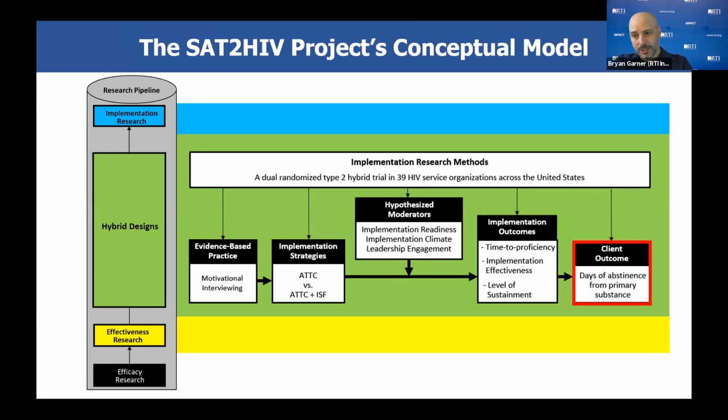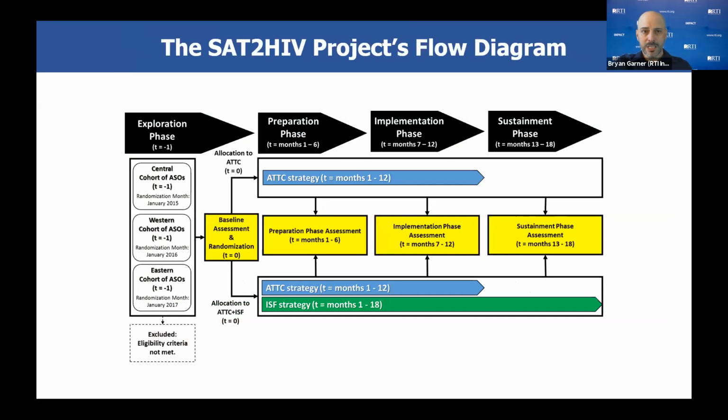We also included client follow-up, with the days of abstinence from their primary substance being our primary outcome. And the project was also focused on testing moderators first and foremost, as well as some of these same measures as mediators.